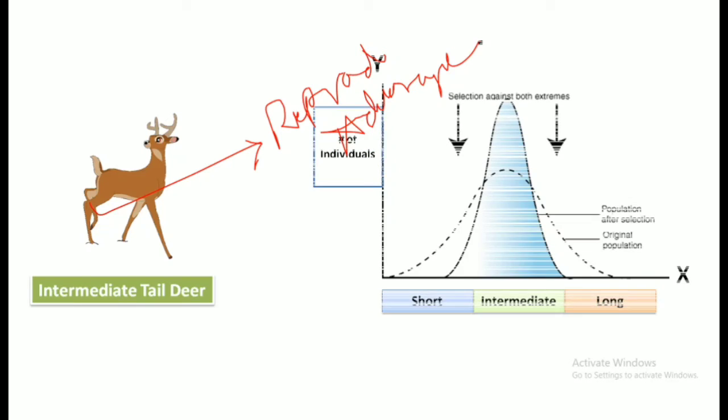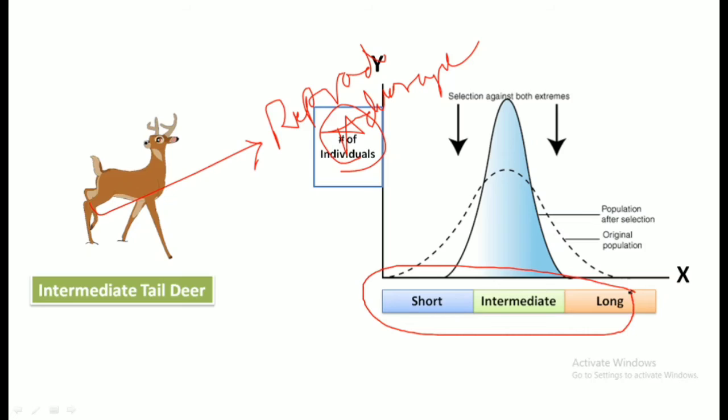And when you see the graph now, consider the same type of graph as earlier, with the number of individuals on the y-axis and the traits on the x-axis. Here you can find that this is the intermediate type and this is the short type, and this is the long type.